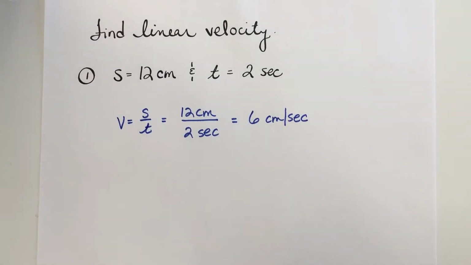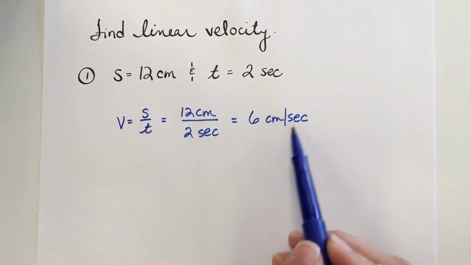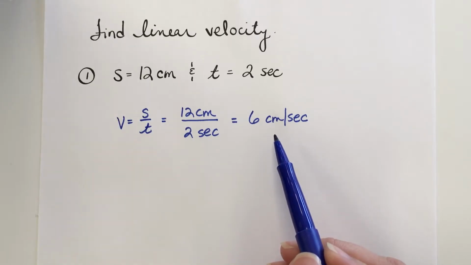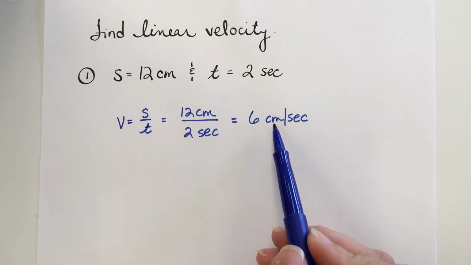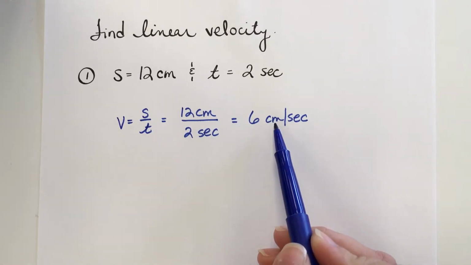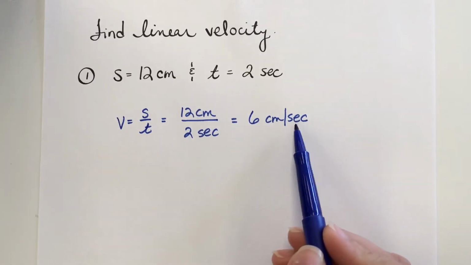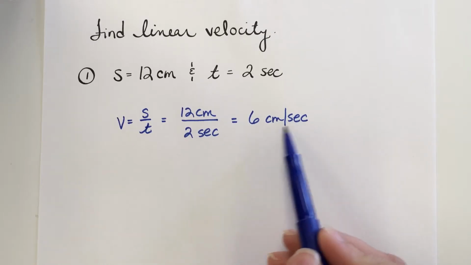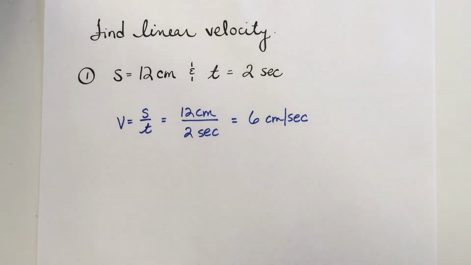Make sure you put your units as you do your homework, because I will be checking for those on the test. Linear velocity is always a linear measurement: centimeters, meters, feet, inches, yards, miles, and then it's per unit of time: seconds, minutes, hours.